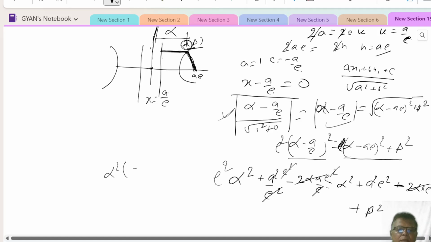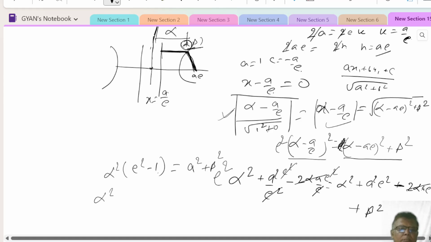And here alpha square is equal to e square minus 1 is equal to a square. a square, a square, 1 b square beta square.